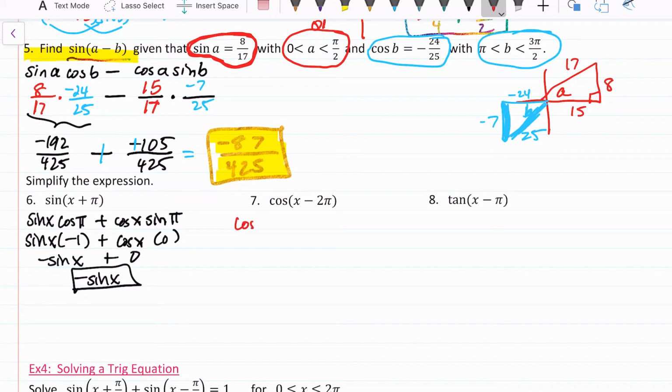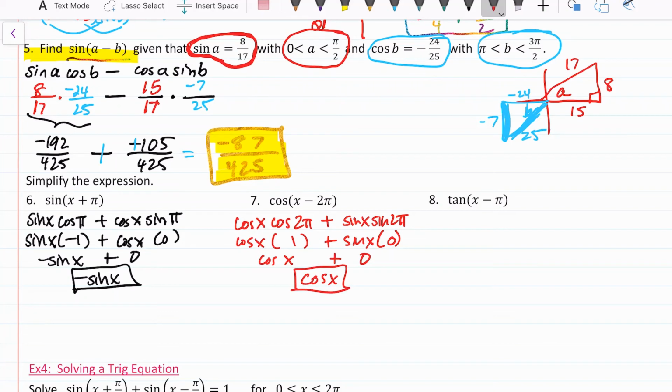For the second one, cosine of x, cosine of 2 pi, plus sine of x, sine of 2 pi. Again, find the right formula to use. Cosine of x, cosine of 2 pi is the same thing as cosine of 0. And sine of x and sine of 2 pi is the same thing as sine of 0, because 2 pi and 0 are in the same place. This will be cosine of x plus 0, which is cosine of x.